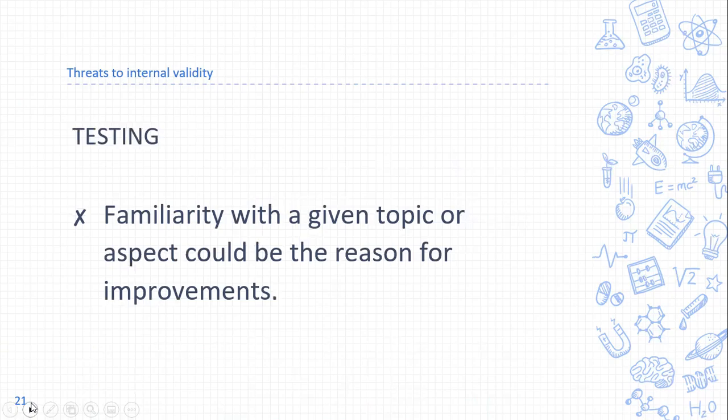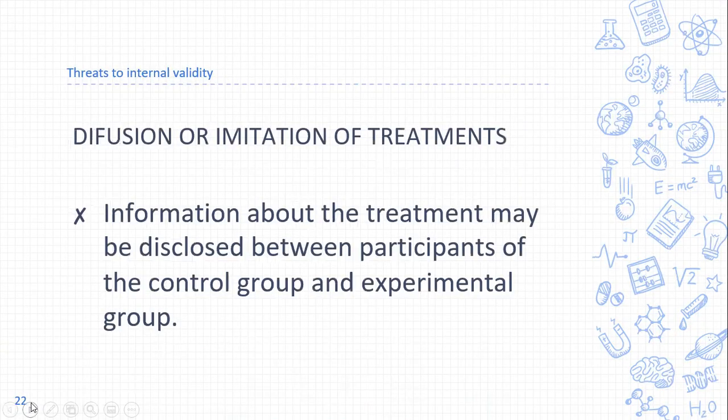Next, we have diffusion or imitation of treatments. This is information about the treatment that may be disclosed between participants of the control group and experimental group. Well, as it says, the participants of the experimental groups could reveal information about the treatment to participants in the control group.